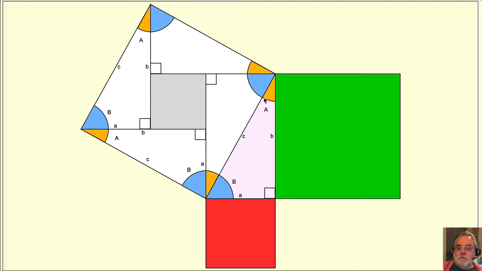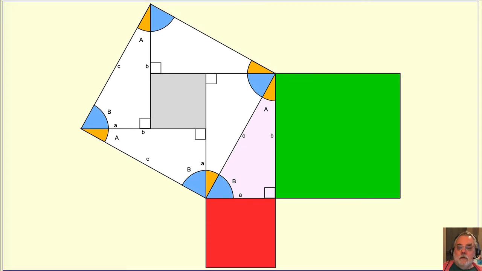Yes, each corner of the square is exactly covered by one amber angle A from one triangle and one blue angle B from another triangle. Everything fits perfectly. Here we have blue and amber making 90 degrees at each of the four corners.